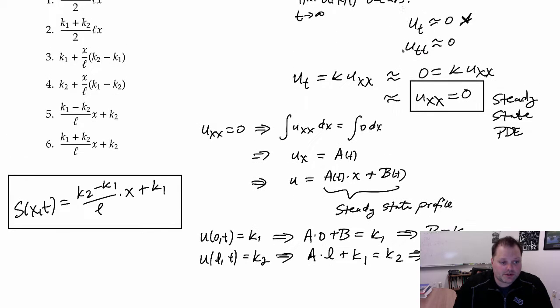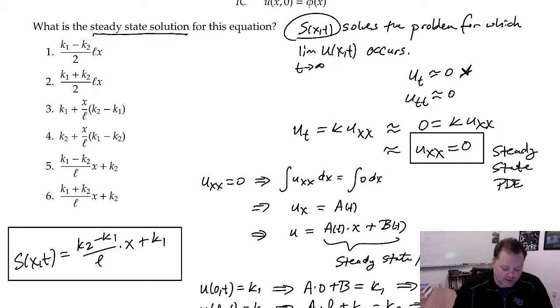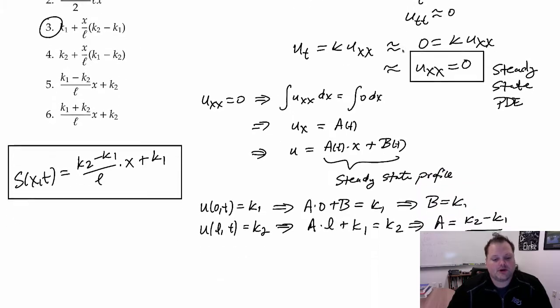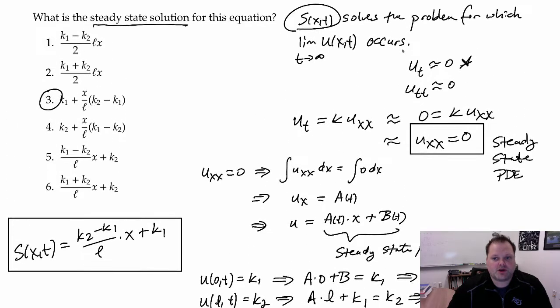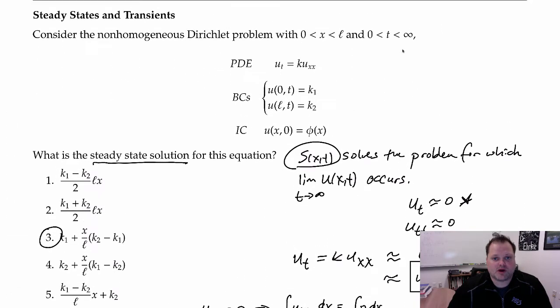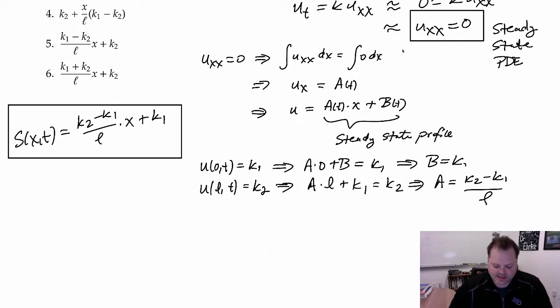Now what I'm going to do is compare that with the answers above, and it looks like number 3 is correct. So hopefully you're able to find number 3. Essentially all I'm doing when I'm solving for the steady state problem is taking any of the derivatives with respect to time and making them 0, and solving the ODE that results from that. So that's the steady state solution.